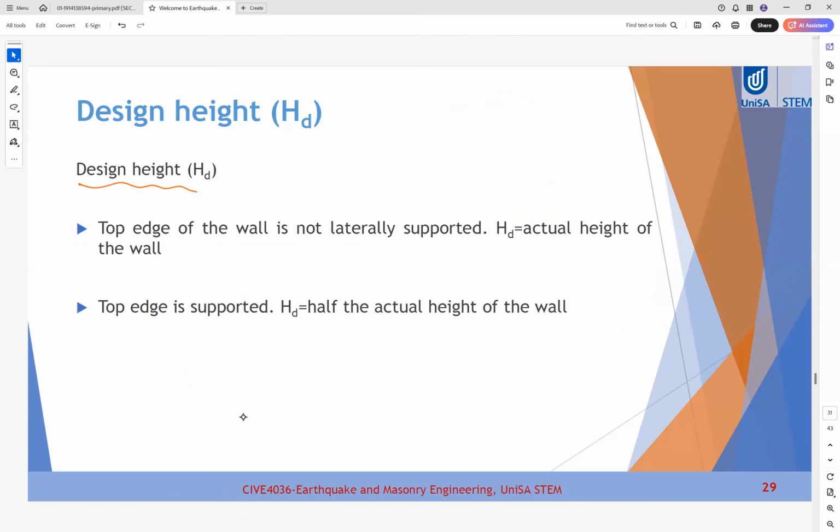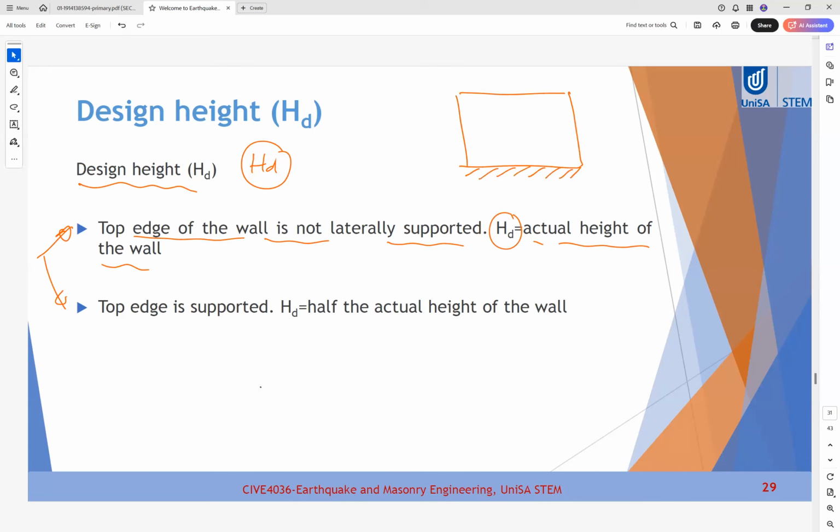For the design height of the wall, HD, we have two cases. If the top edge of the wall is not laterally supported, HD is the actual height of the wall. So if we have the wall with the top edge not supported, this is HD.